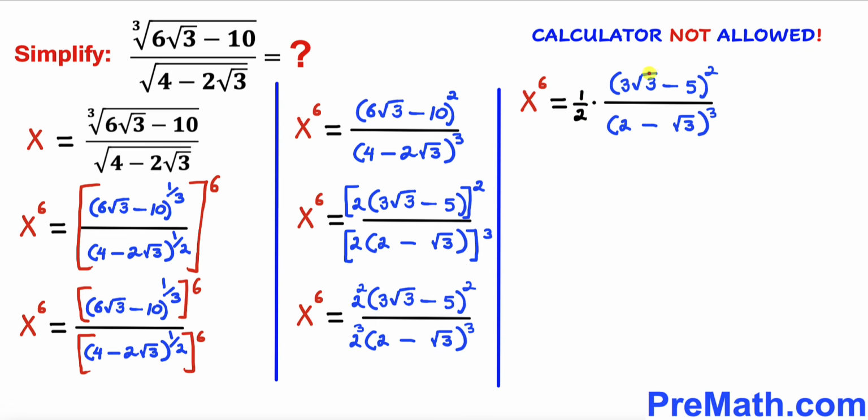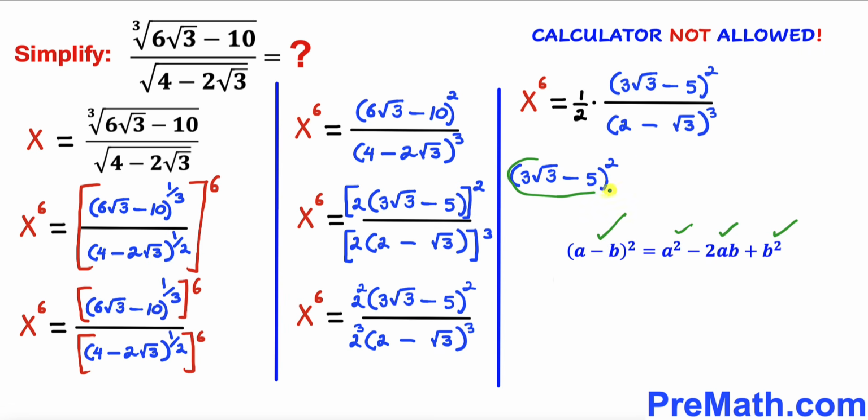And now we are going to focus on this part at the numerator. And here I have copied down this numerator part. And now let's recall this famous identity: a minus b whole square could be written as a square minus 2 times ab plus b square. We are going to apply it on this binomial.